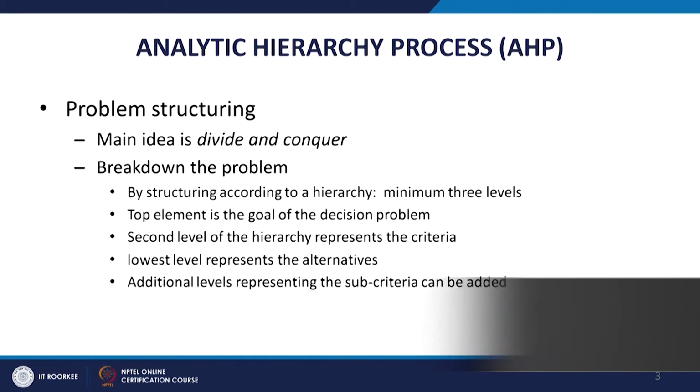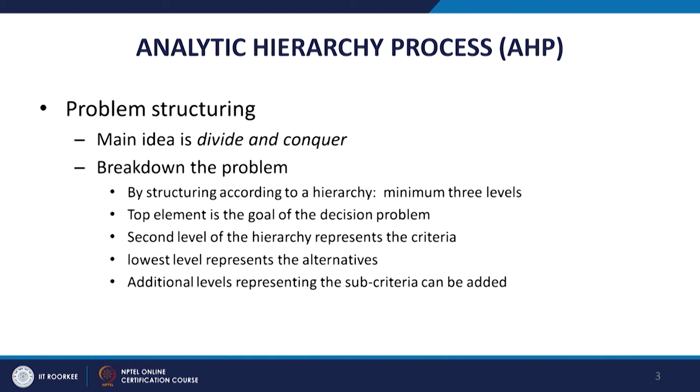Problem structuring: we need to create a hierarchical structure, and divide and conquer is the main strategy here. We break down the problem into three minimum levels: the top element, the second level for criteria and the lowest level for alternatives. If we have sub criteria, then we can certainly add additional levels.